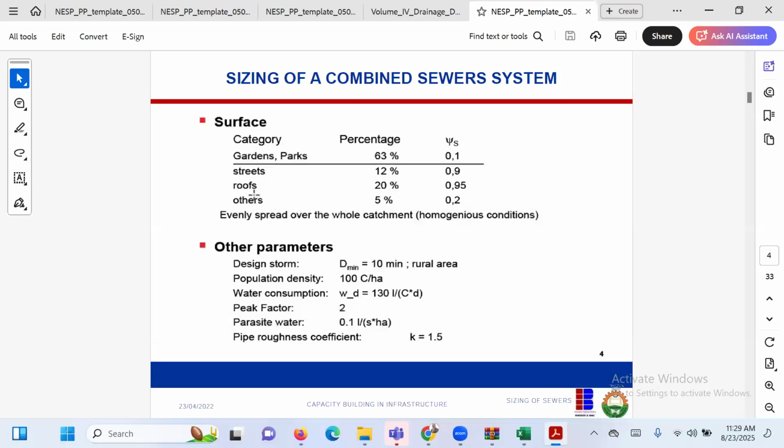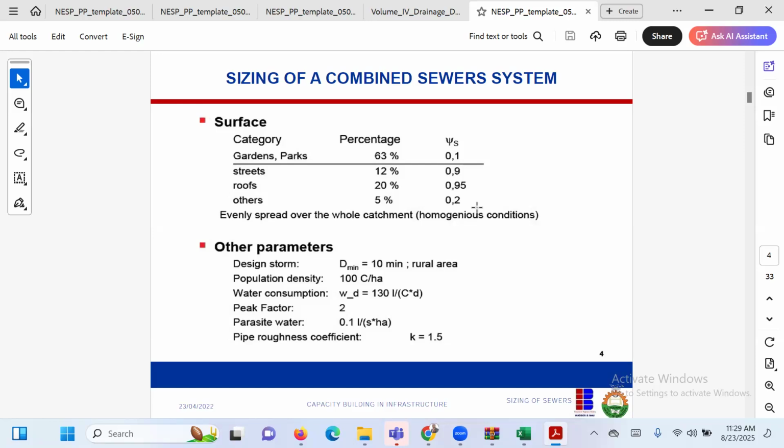The roofs, or the houses, the footprint of houses is about 20% of the total catchment, and the runoff coefficient is about 0.95. Otherwise, 25% of it will generate runoff; it has high runoff generating capacity. Then others, which is unaccounted for, is about 0.2.